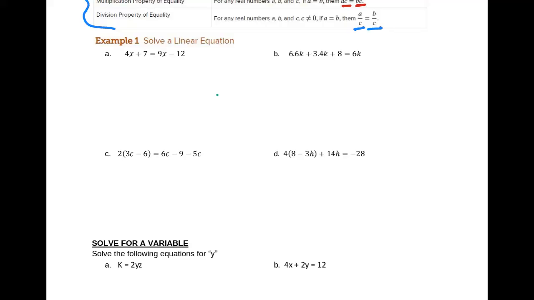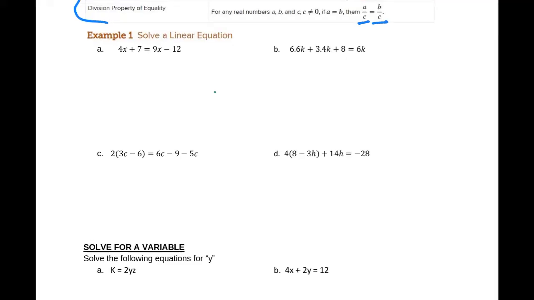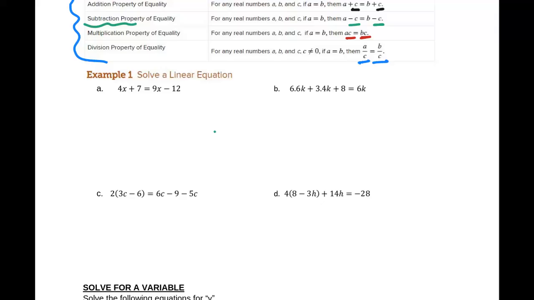No. So we don't have to do step 1. So we go to step 2. Now we need to get our variables to one side, numbers to the other. Usually you want to take your variables and go to the largest coefficient. Okay? So that means my smaller number in front, which is 4, what am I going to do to move it to the other side?